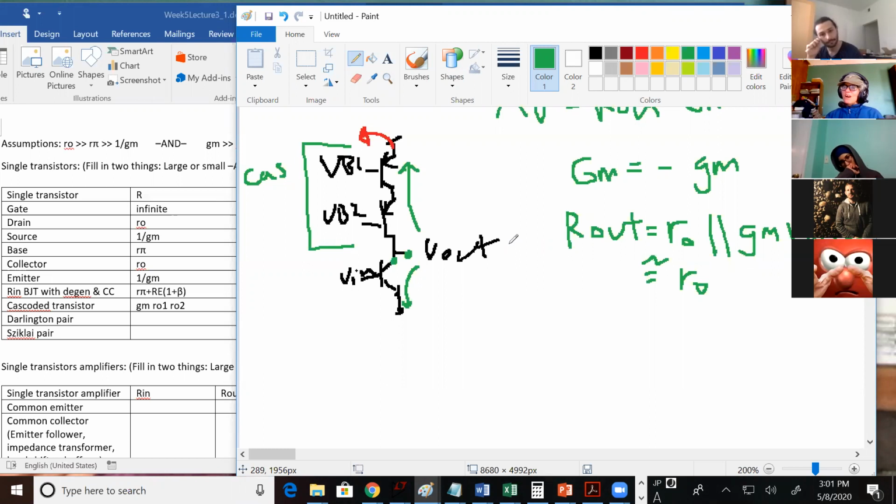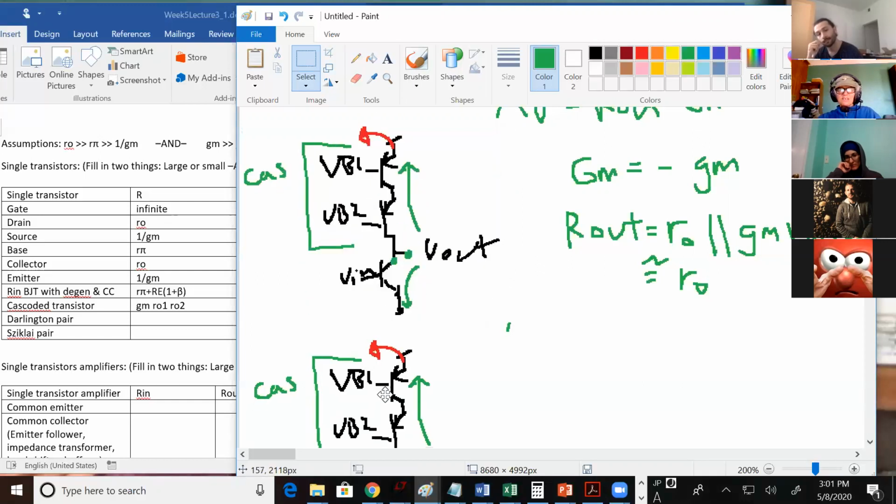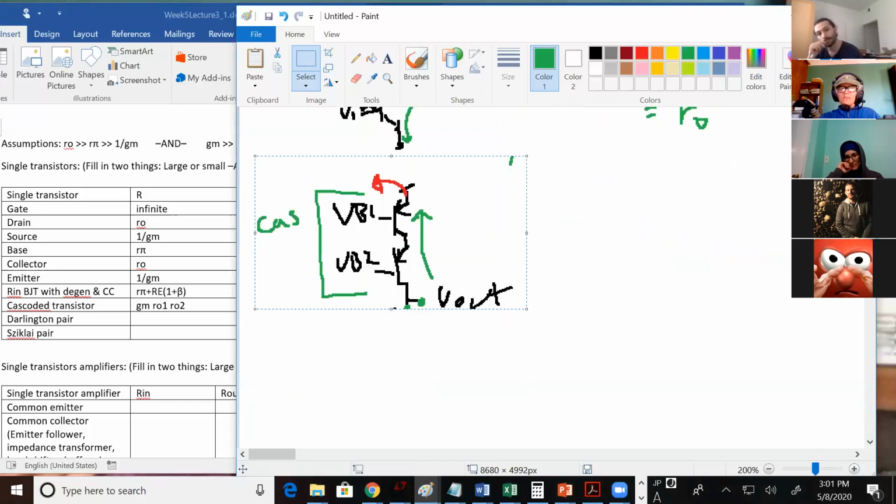So how could you improve that? By increasing it. And what's an easy way to increase your gain, increase your resistance? If you use a cascoded transistor below.